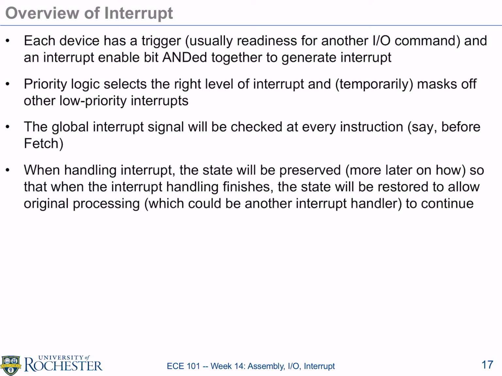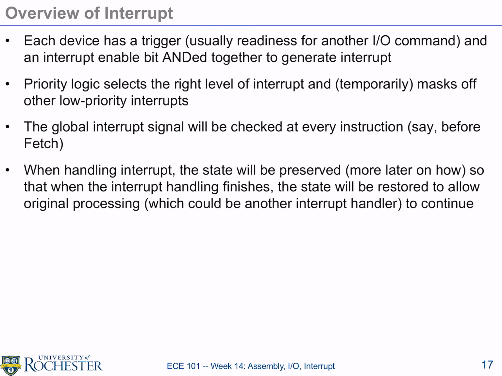All right, so here's the high-level view. How does this work? Every device will have a trigger to tell the CPU, in fact to tell the operating system running on the CPU, hey, I have something. And because there are so many of them, at any particular time in the execution, we may have multiple devices wanting to be handled.